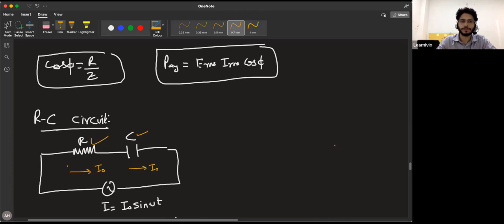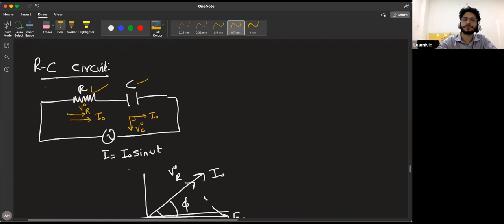So 0. They are in the same phase. And what about the capacitor? Anshika, what's the phase difference between current and voltage in a capacitor? It's pi by 2. Voltage lags current by a phase difference of pi by 2.